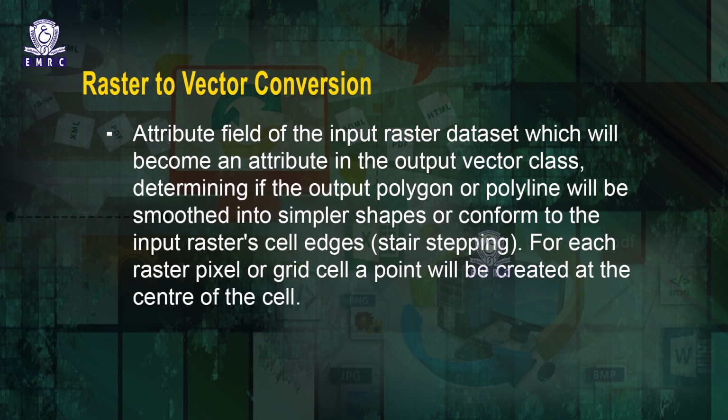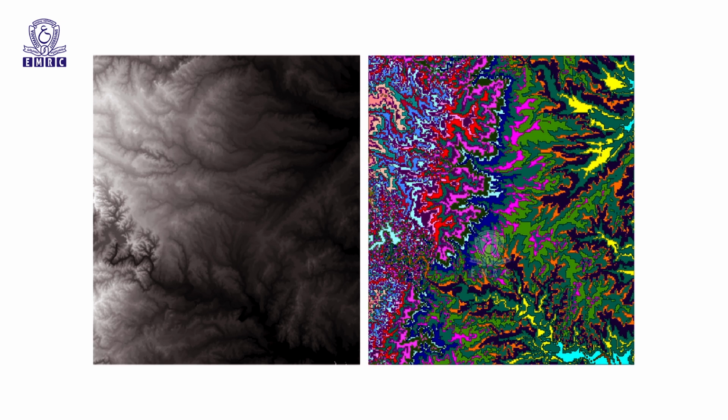For each raster pixel or gridded cell, a point will be created at the center of the cell. The non-discrete continuous raster data have to be converted to the categorical data type before converting to vector data.